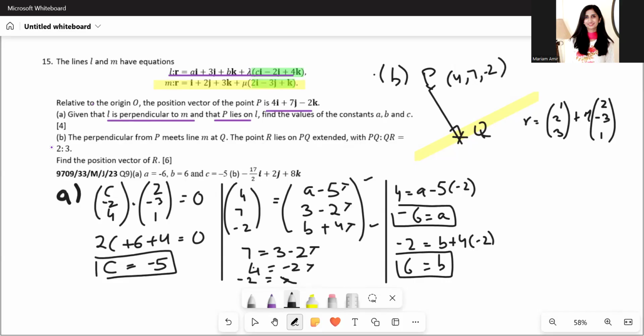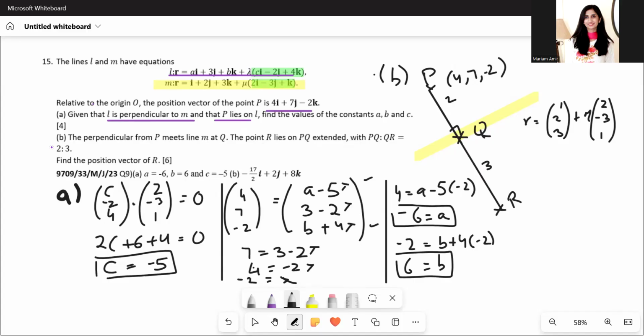All right, so let's extend this line. Let me read that again. The point R lies on PQ extended with PQ to QR ratio 2:3. So somewhere over here, this would be R, and this is 2:3. Find the position vector of R.